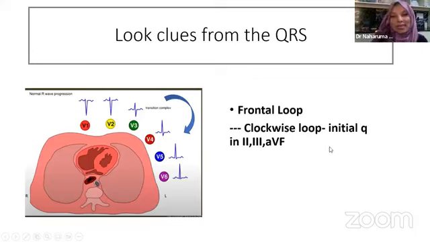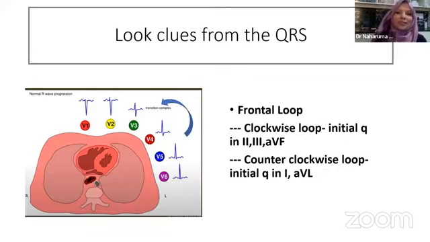And what is evident by this in the ECG? We get a small Q wave in the inferior leads, like leads 2, 3, and aVF. And what is counterclockwise loop? If this transition, that means this equiphasic RS, is getting earlier, that is counterclockwise loop, and this is evident in the ECG as a Q wave in the lateral leads, lead 1 and aVL.